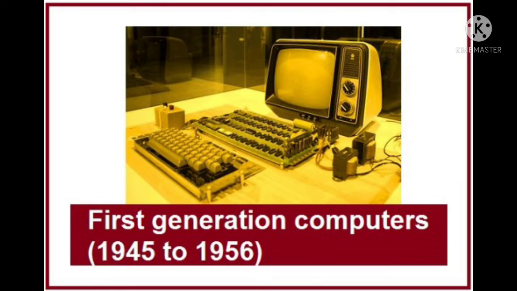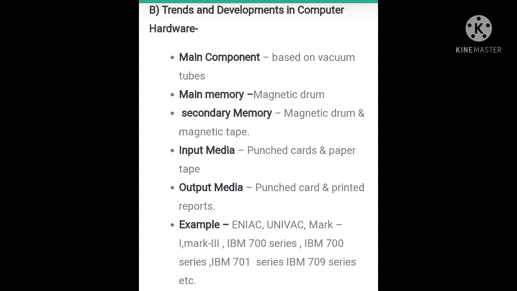Now we see trends and developments in computer hardware. In that, first, main component based on vacuum tubes, main memory magnetic drum, secondary memory magnetic drum and magnetic tape, input media punched cards and paper tape, output media punch cards and printed reports.